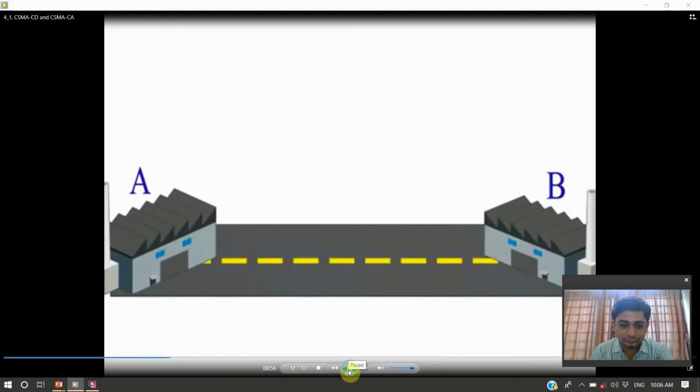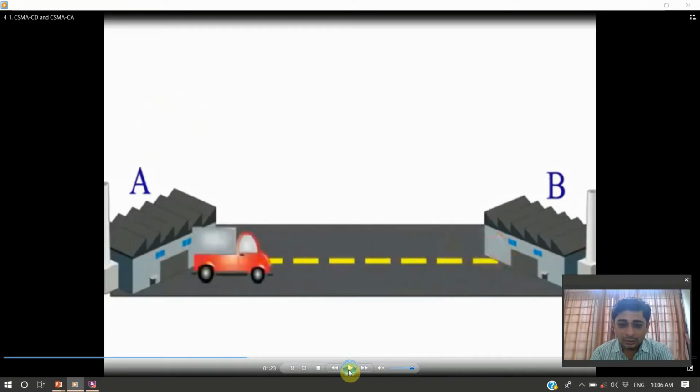Before warehouse A sends their shipping truck to warehouse B, they first listen to see if the road is free. This is the carrier sense part. If the road is busy, warehouse A must wait until the road is clear. Once warehouse A determines that the road is free, they send the shipping truck on its way.